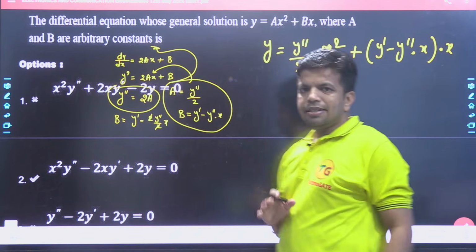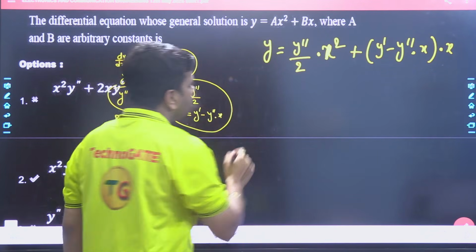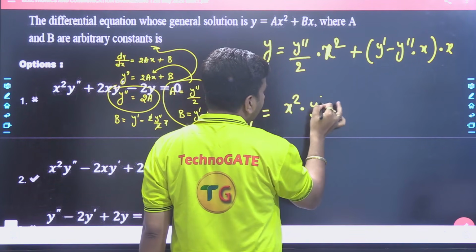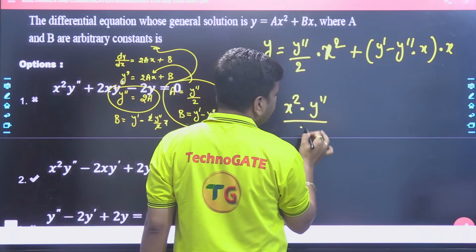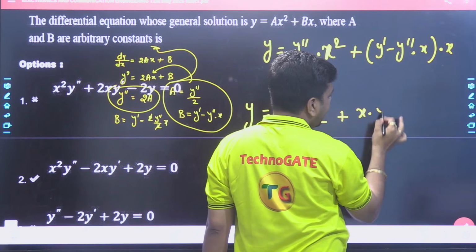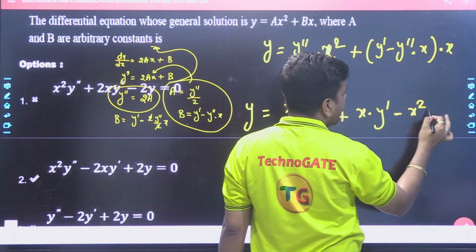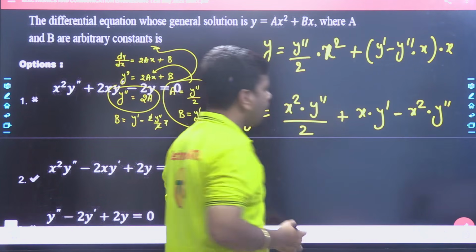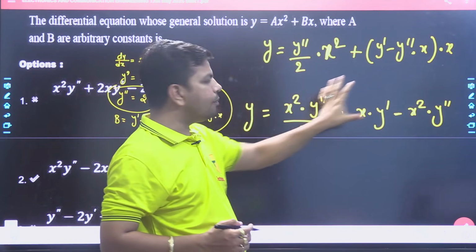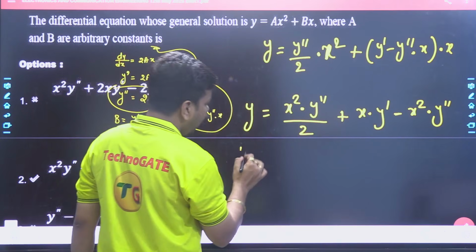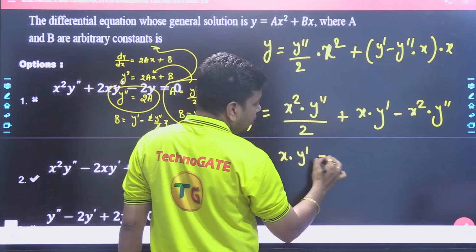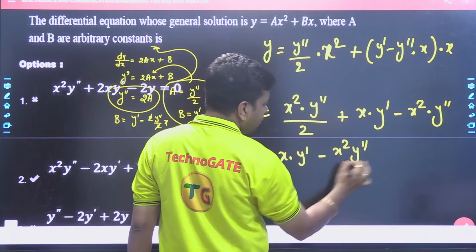Simplify this equation. So y equals x square y double dash by 2 plus x y dash minus x square y double dash. This value is half and this is 1, so 1 minus half becomes minus half. So y equals x y dash minus x square y double dash by 2.